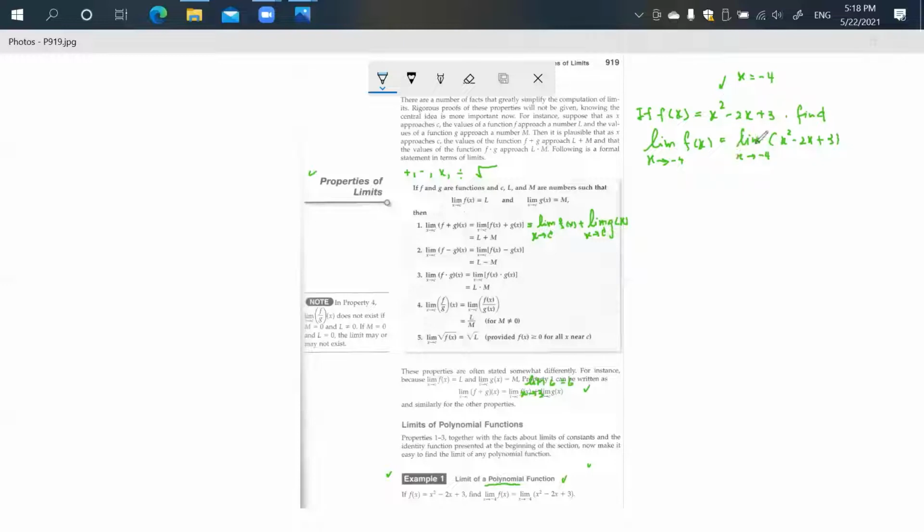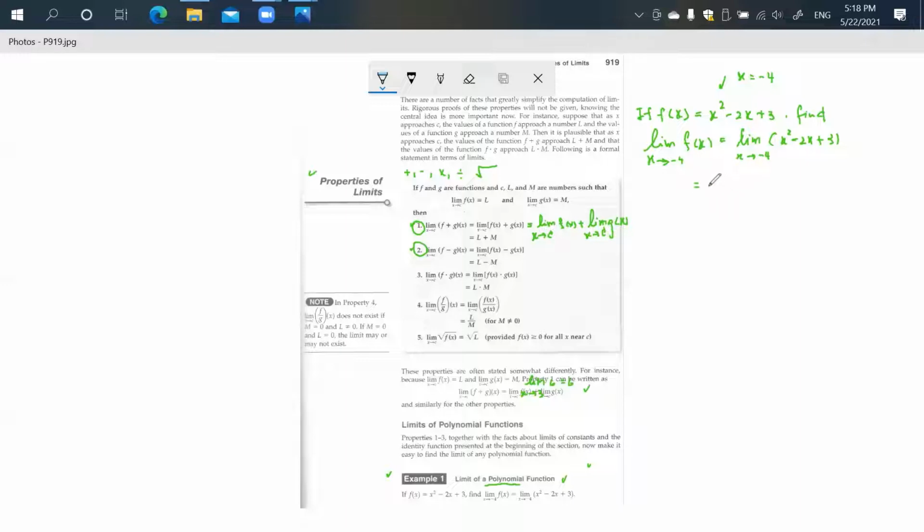That's the answer right away. But if the question asks you to show the work, then in this case you have to use the properties of limit to write it down. They do have minus and plus signs, so you use the properties number 1 and number 2 here.